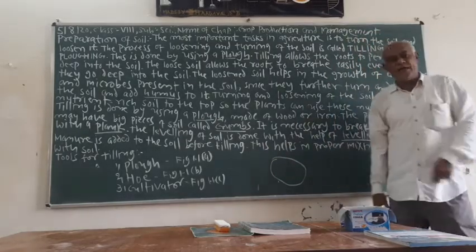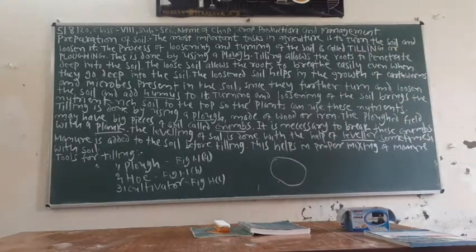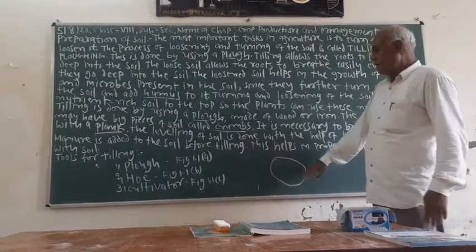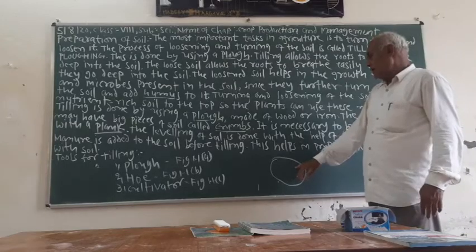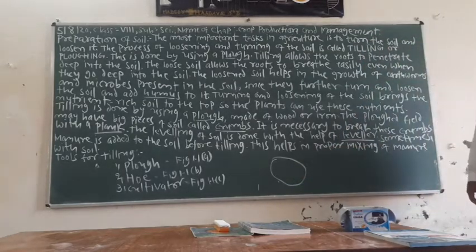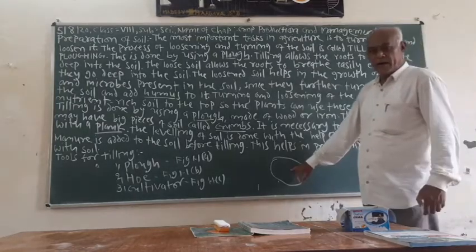The big pieces of crumbs are there on the plowed field, so the plowed field may have big pieces of soil called crumbs. It is necessary to break these crumbs with a plank.